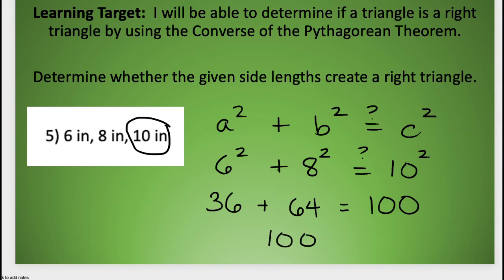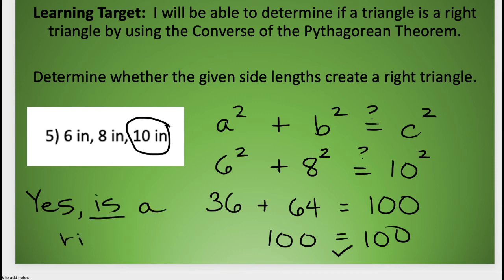And then, of course, the 10 squared was also 100, which means they are equal. So by using the converse of the Pythagorean theorem, we were able to determine that, yes, this is a right triangle. This is a right triangle because the left side of the equation equals the right side of the equation.